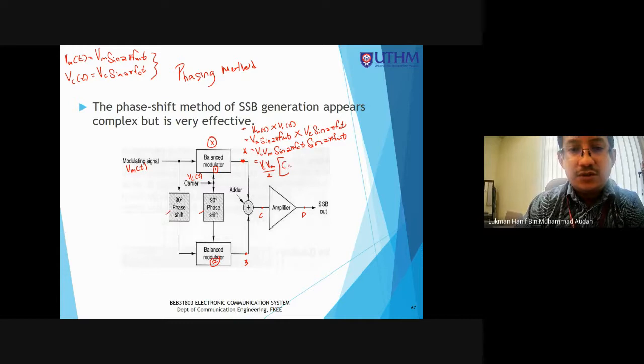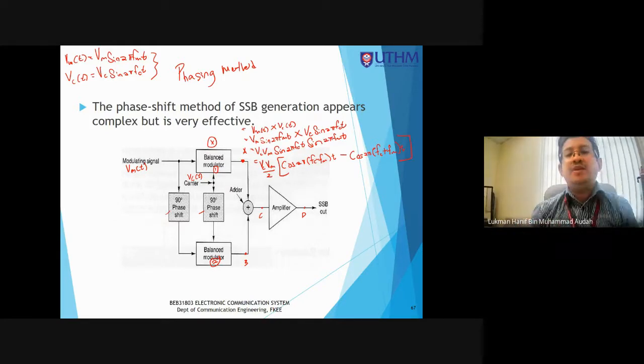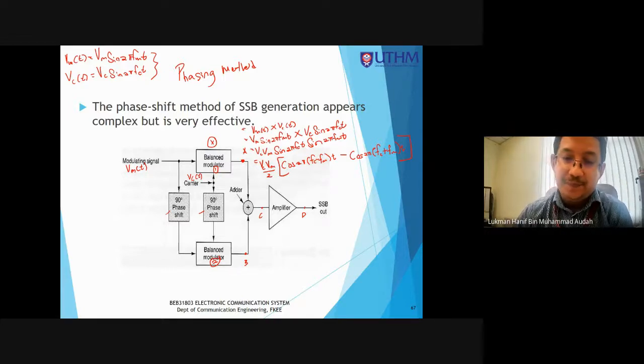So cos 2 pi lower sideband (FC minus FM) T minus cos 2 pi upper sideband (FC plus FM) T, close big bracket. Ini adalah persamaan pada point A. Okay, persamaan pada point A.